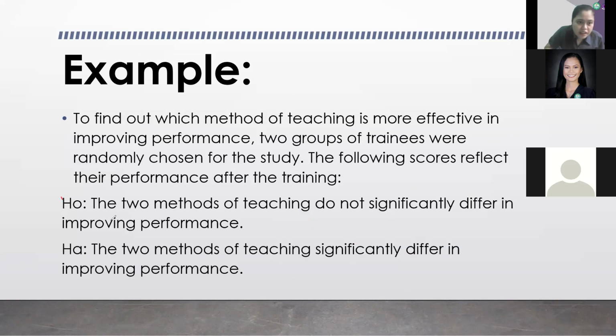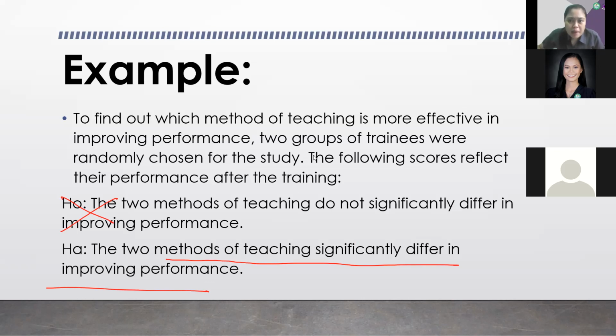So again, we reject this because there is a significant difference in the method of teaching, class. They have a difference in improving the performance. Again, we reject our null hypothesis and accept the alternative. There is a difference between the two groups in terms of improving the performance.